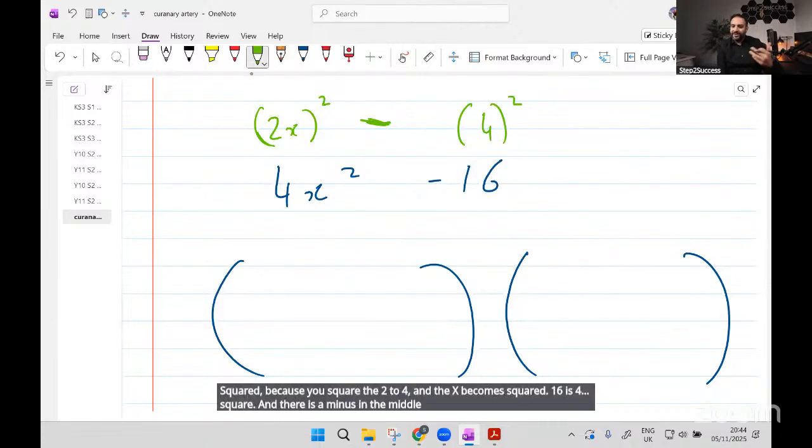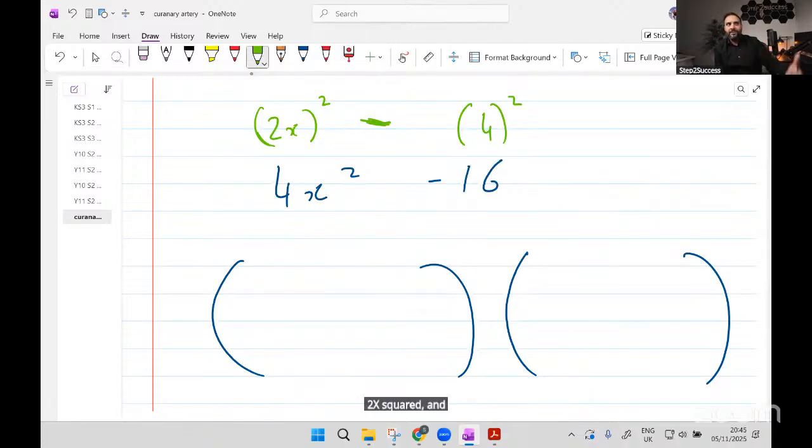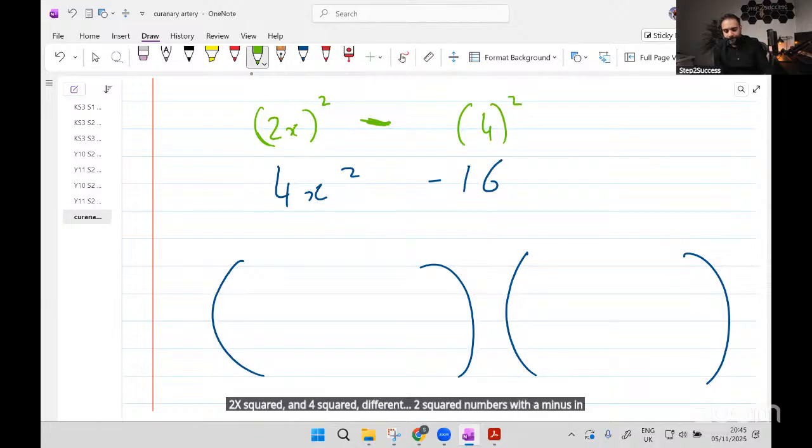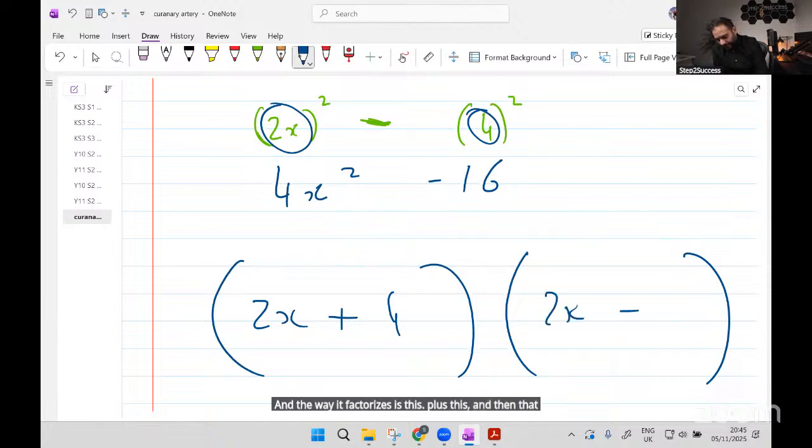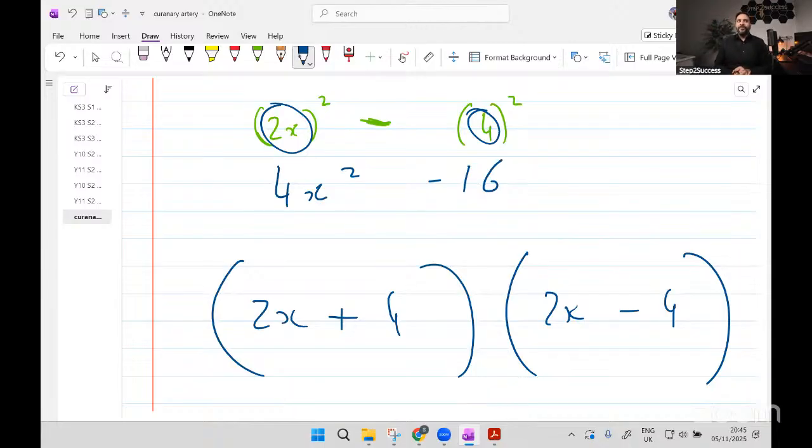It's called the difference of two squares, the difference of two square numbers. 2x squared and 4 squared, difference of two square numbers with a minus in between. And the way it factorizes is this plus this, and then that minus that as well. So that's a very specific factorizing thing called the difference of two squares.